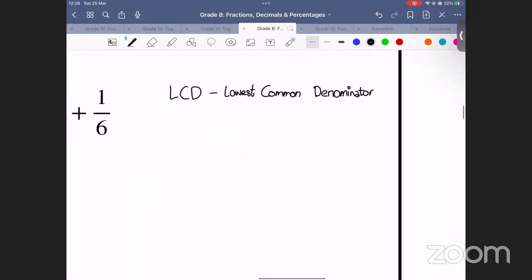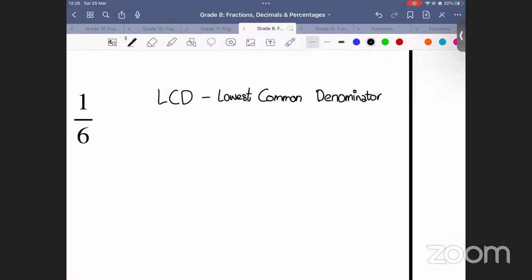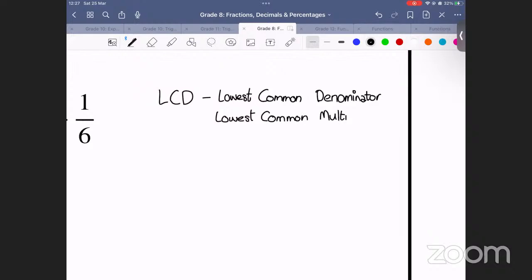And lowest common denominator is essentially the same thing as lowest common multiple. And multiple is basically your timetables.